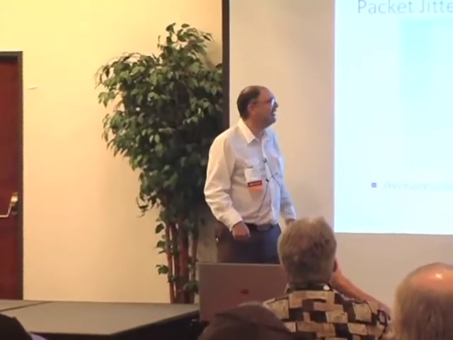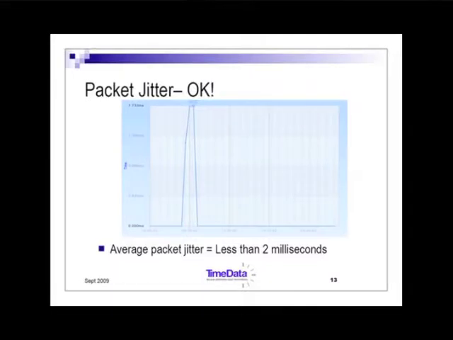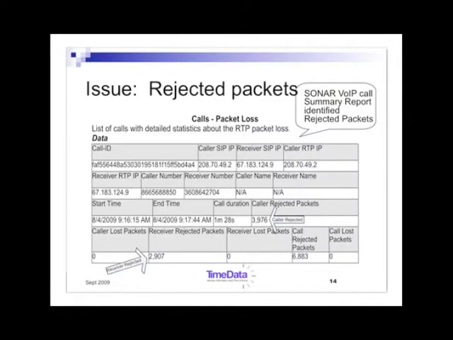But we did find that it was on their end and not on the end of the company. First thing we looked at was jitter. Jitter was okay. It didn't appear to have a problem, but what we found was the end receiver device was rejecting the packets that were coming in, and so something within those packets the end user device didn't like and caused the problem.